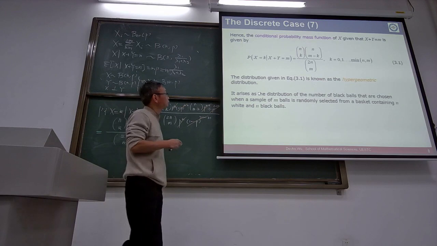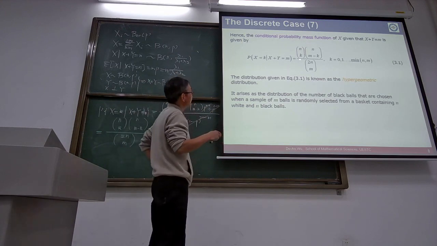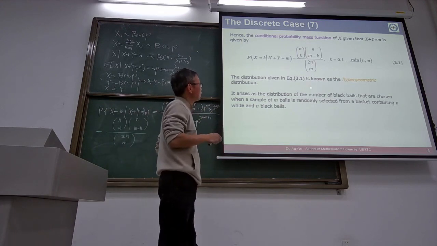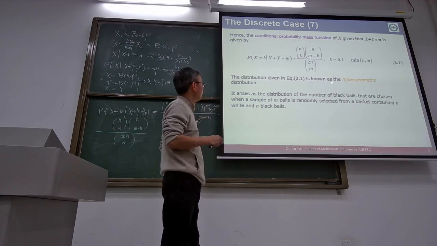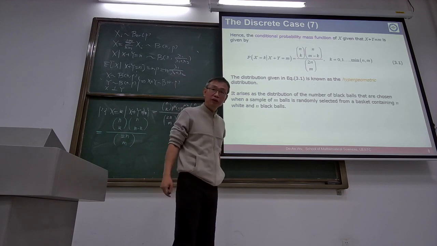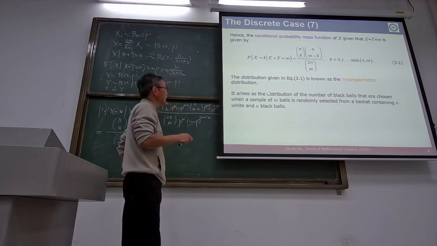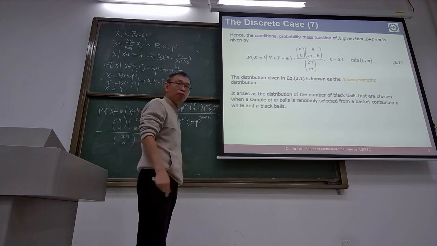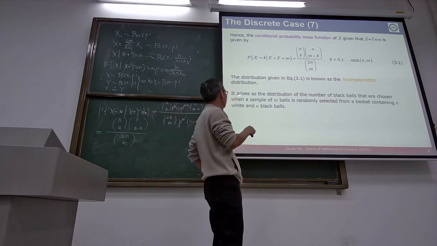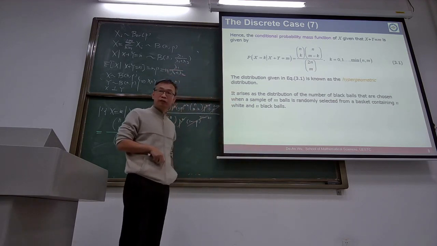This one is known as a hypergeometric distribution. It arises as the distribution of the number of black balls that are chosen when a sample of m balls is randomly selected from a basket containing n white and n black balls.